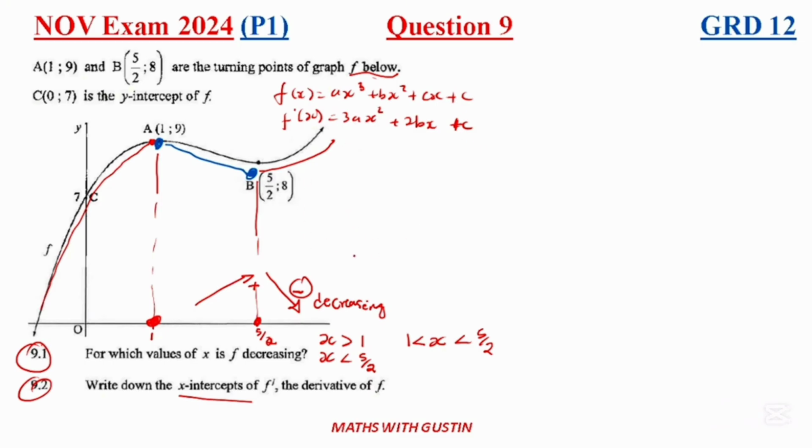So what can we do? What can this be for this to be the intercept values? It means our function will have to be like this. This will be our function, guys, with these two values here, which are the x-intercepts. So our x-intercepts will be x equals 1 and x equals 5 over 2.